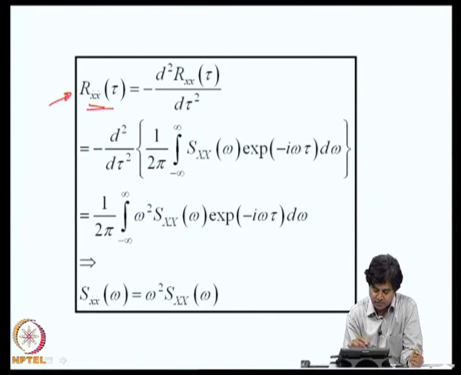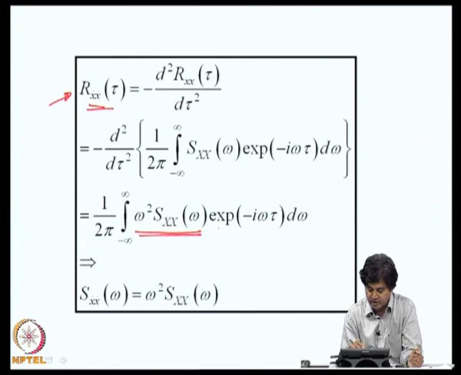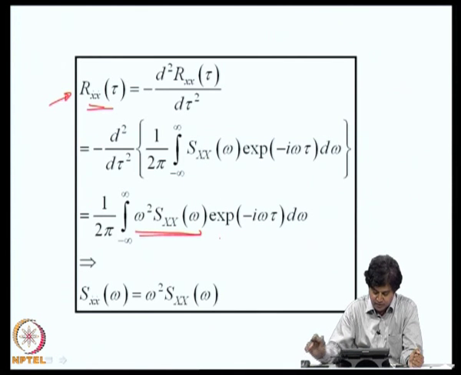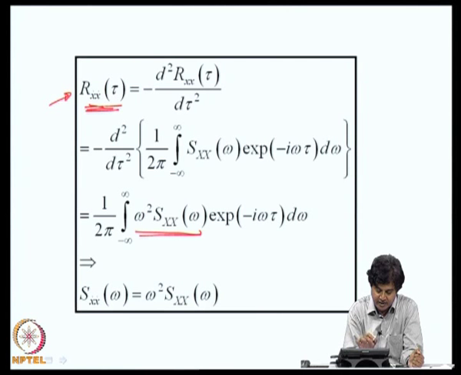Now, for Rxx of tau I will use the representation in terms of the power spectral density function, and if I now implement this differentiation I get R x dot tau to be 1 by 2 pi, integral from minus infinity to plus infinity of omega square Sxx of omega into exponential i omega t d omega. Now, if you compare this with the definition of the Fourier transform pair, you will see that the Fourier transform of the autocovariance of the derivative process is nothing but the power spectral density, which would be omega square Sxx omega. This is the power spectral density function of the derivative process.